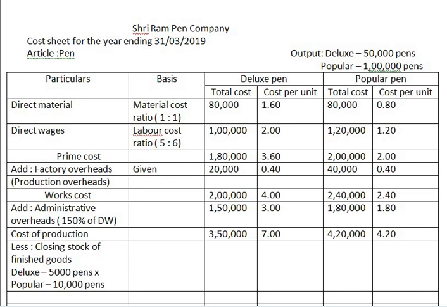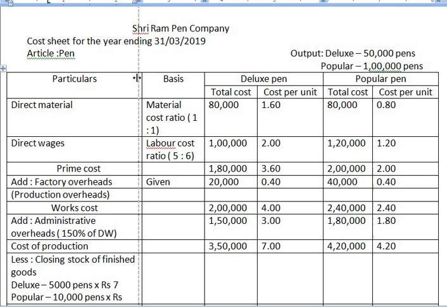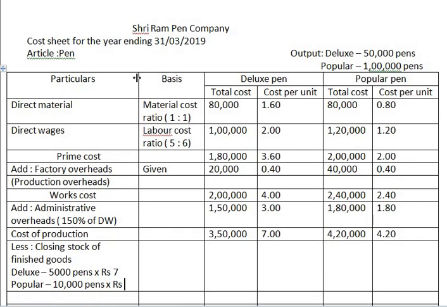So 5,000 into cost of production for deluxe is rupees 7, into rupees 4.2 for popular.